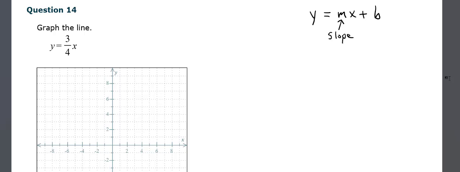And our slope is the change in the rise over the change in the run. And the last value, this plus b, represents our y-intercept. It's where our graph passes through our y-axis. And that's usually our starting point.